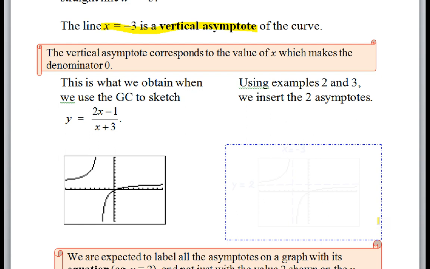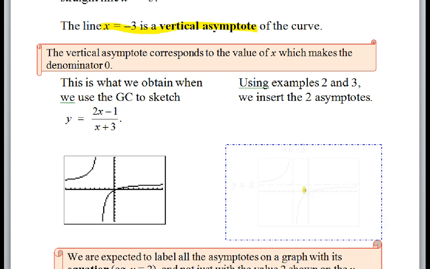Are you going to sketch this on your screen? Then you are no different from a photocopier. You just photocopy what you see on the GC. Do you know what I'm saying? So we cannot do that. We are supposed to know that as x tends to infinity, y tends to 2. As x tends to negative 3, y tends to infinity.